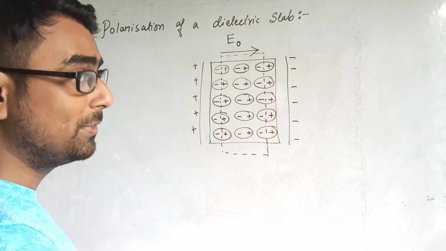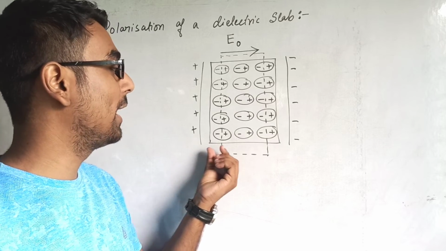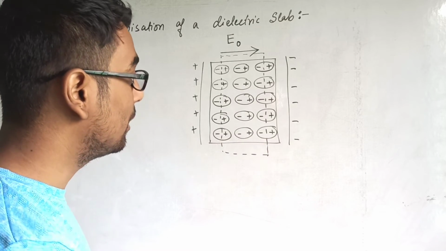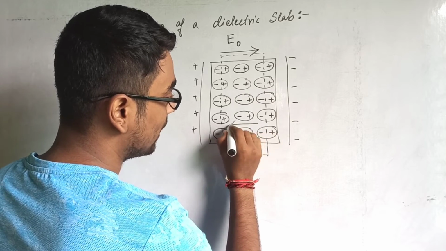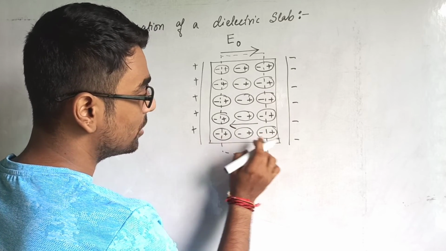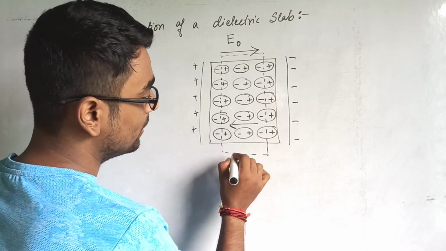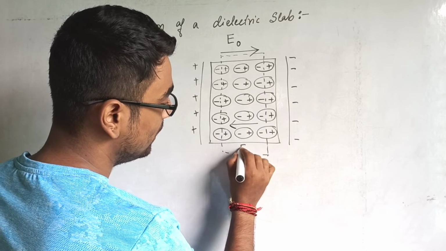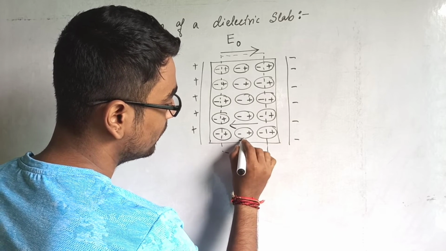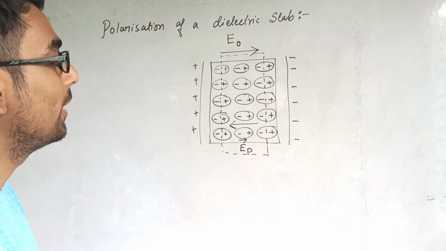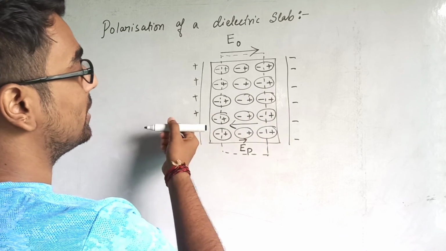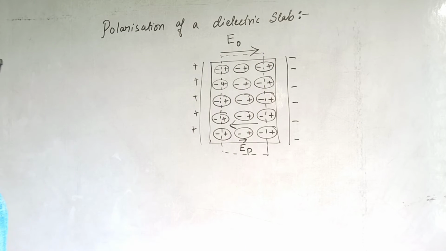Because of these induced negative and positive charges, there will exist one electric field in this direction due to these induced charges, and the field is known as EP, the electric field due to polarization. Okay, and it will be directed in the opposite direction of the applied field.